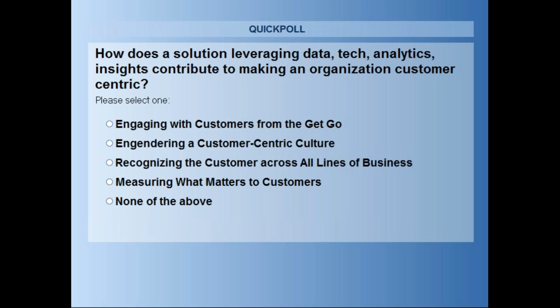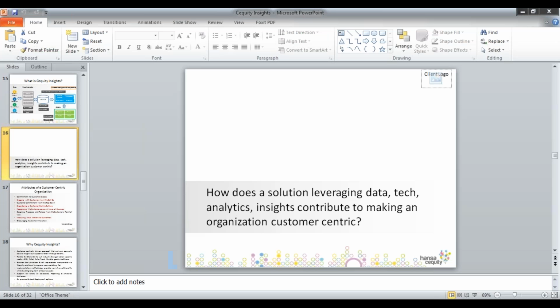All right, let me close the poll. Looking at the responses, almost 50% of the respondents say measuring what matters to customers, followed by 35% saying engendering a customer-centric culture in the organization.